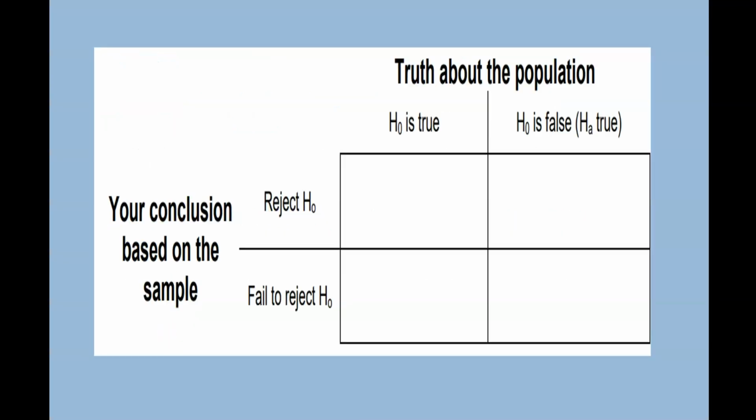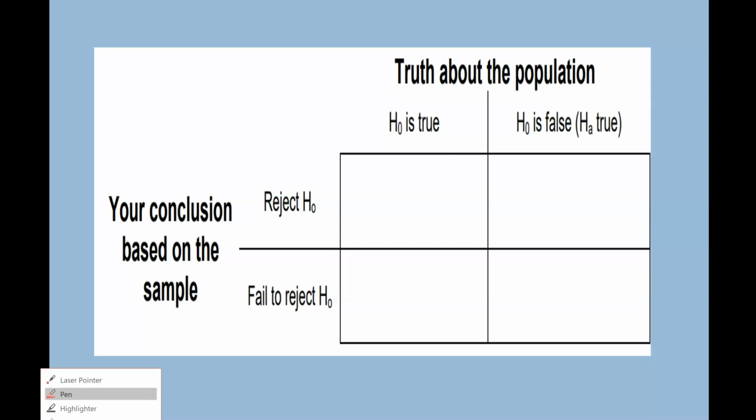A good way to represent type 1 and type 2 error is with a chart. If you notice, the column headings of this chart represent the truth about the null, so either the null is true or the null is false, and the row headings are based on the conclusion you're going to have. You're either going to reject the null or fail to reject the null.